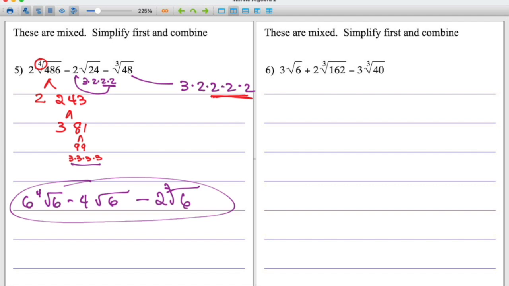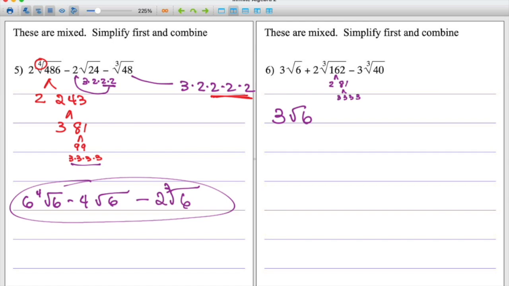I'm still mixing these up. I have a square root, a cube root twice, and let's see what we can do with those. This one's done. I can't do anything to it. 162. When I take a 2 out, I'm going to have 81. And notice back there, 81 turned into 4 3s.